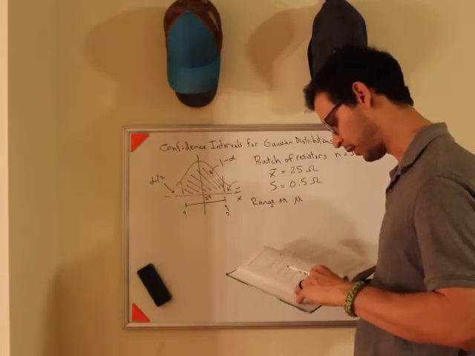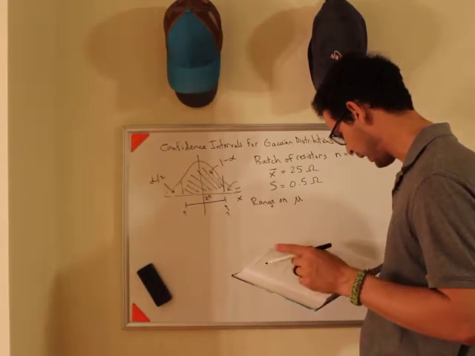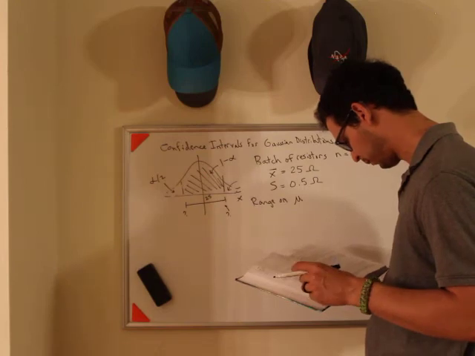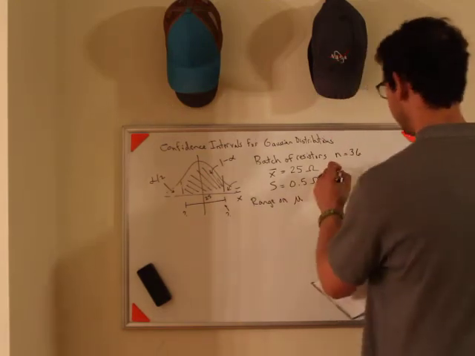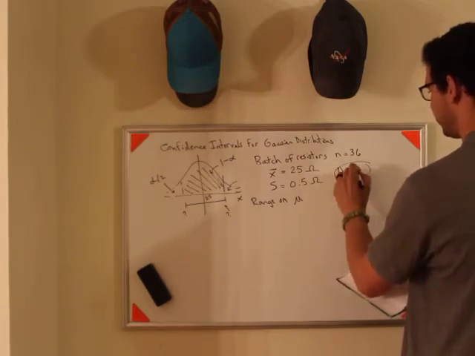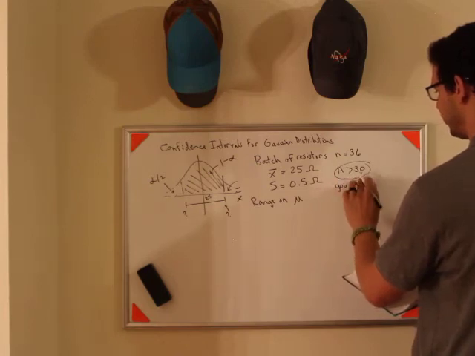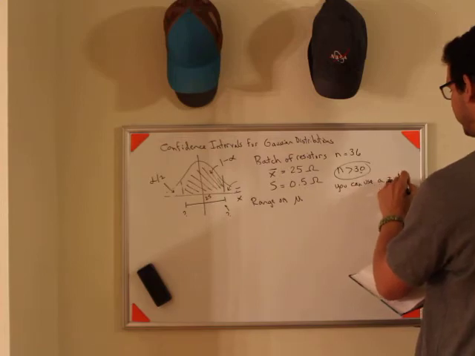Now it turns out there is an interesting property that as long as n is greater than 30, you can use a z distribution.